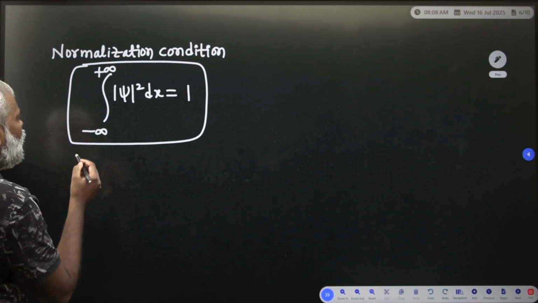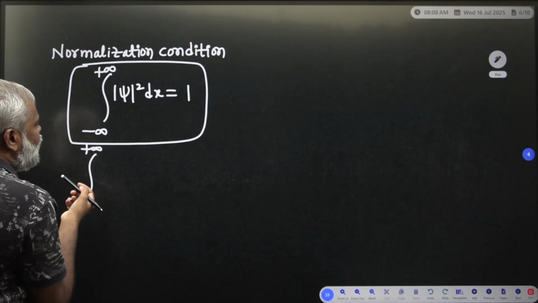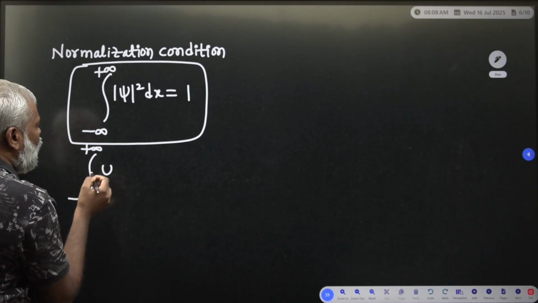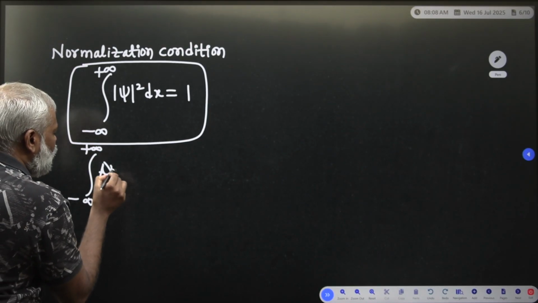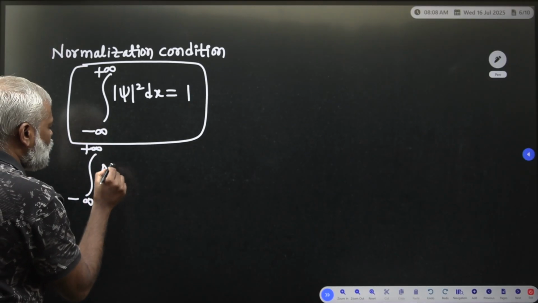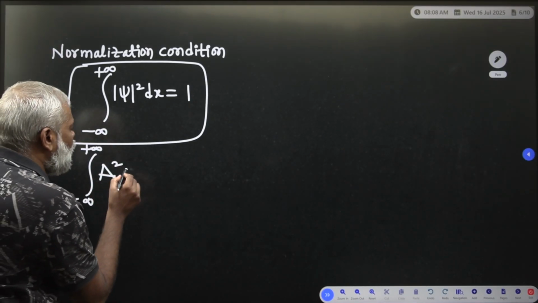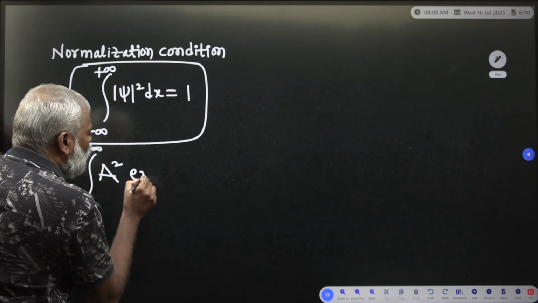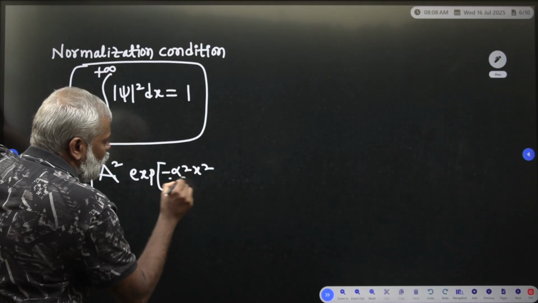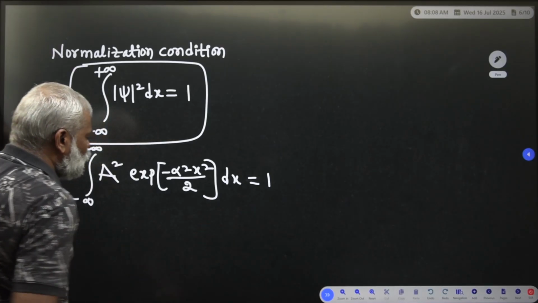Once we know it, we substitute the value: the integral from minus infinity to plus infinity of modulus of a square, that is the amplitude, into exponential of minus alpha square x square divided by 2 whole square into dx is equal to 1.